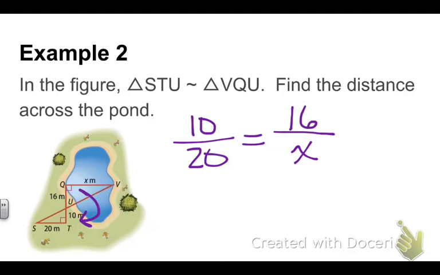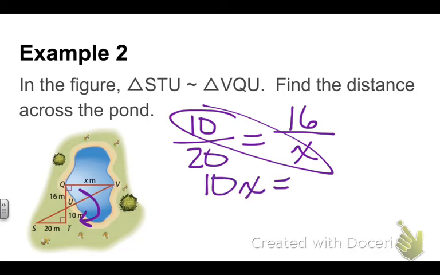Again, there is not an easy way to multiply 10 by something to get 16. So if we use cross multiplication, 10x is equal to 20 times 16, which is 320.